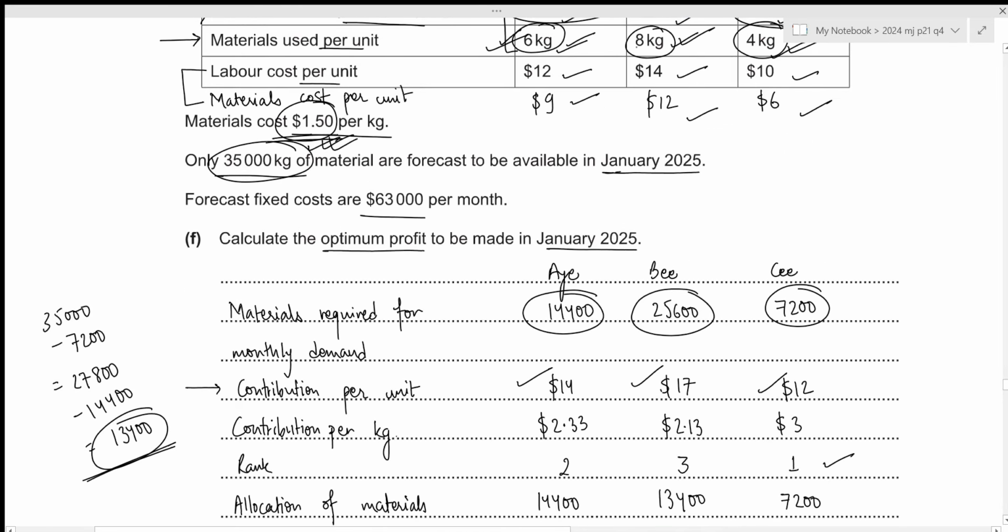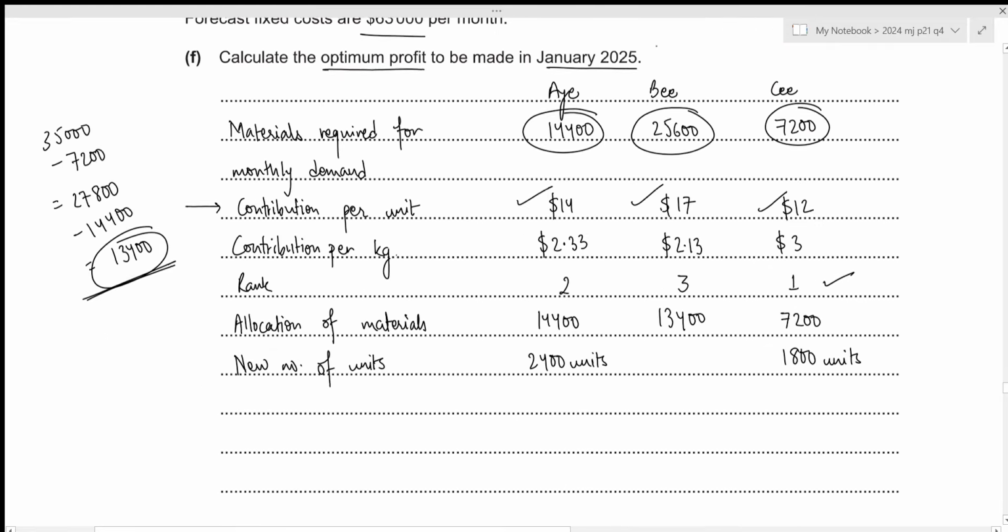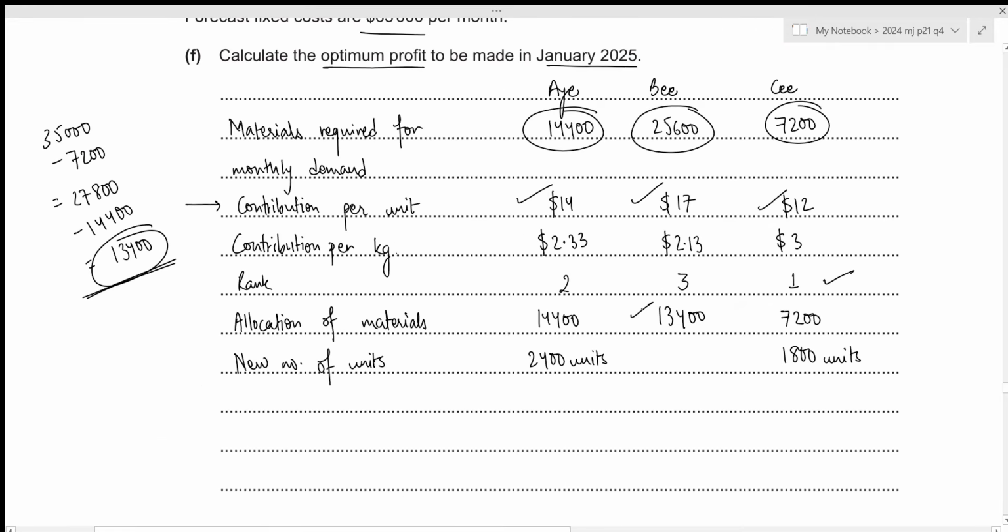We know that each unit requires 8 kg and we have a total of 13,400 kg. So we can just utilize the unitary method. 8 kg can make 1 unit. It means that 1 kg will be able to produce 1 by 8 unit. And we have a total of 13,400 kg, which we allocated right here. So based on 13,400 kg, we will be able to produce 13,400 by 8 units, which will be equal to 1,675 units.